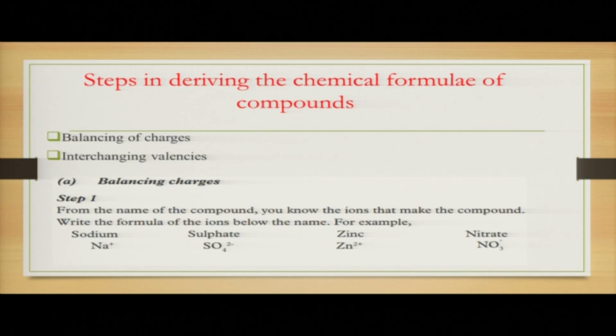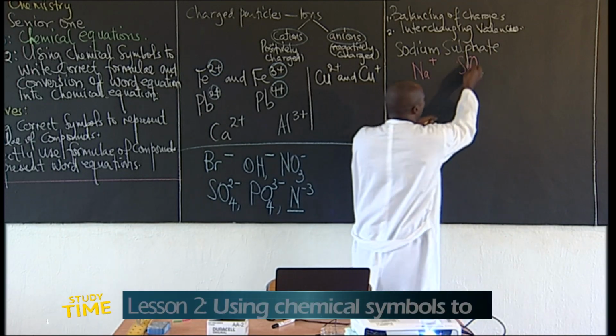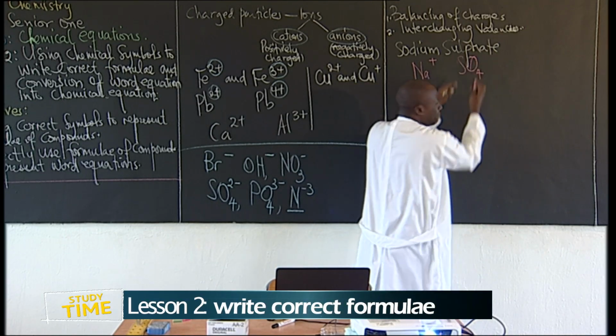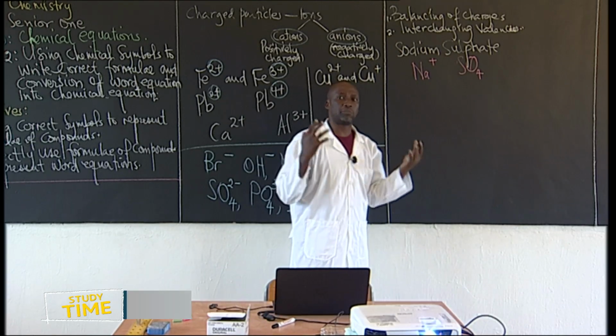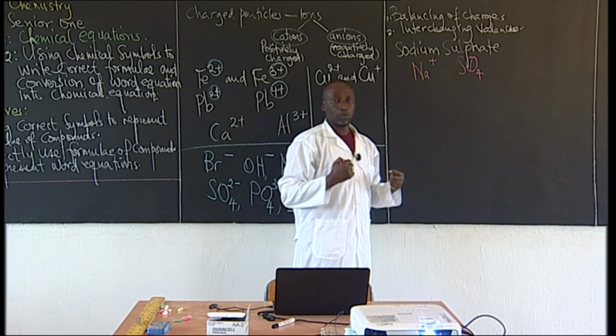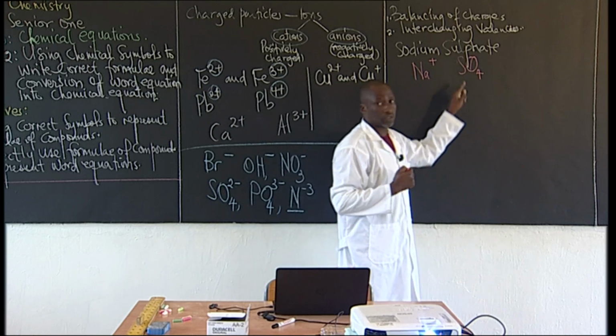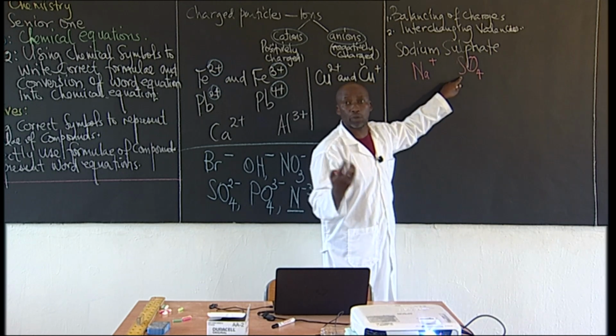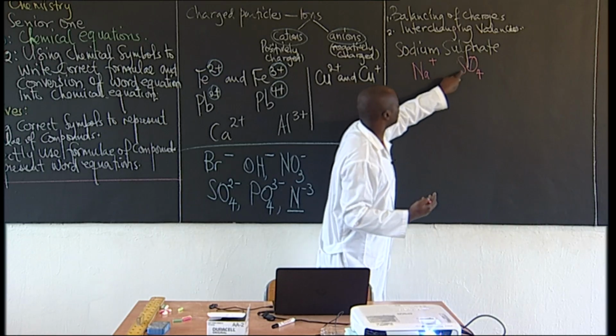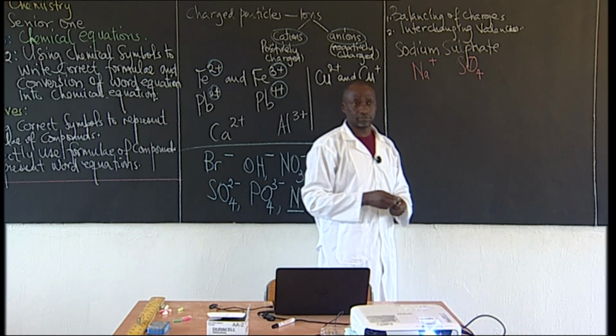The sulfate, how do we represent the sulfate? I'm sure you still remember how we represent the sulfate. This is how we represent the sulfate. S with oxygen. These atoms must have almost the same size because these are atoms that appear on the periodic table. So they must have the same size.